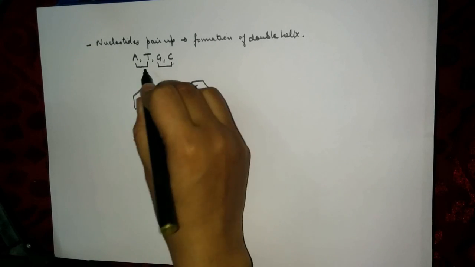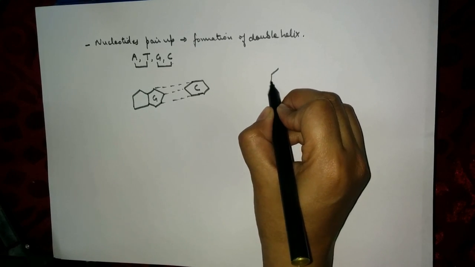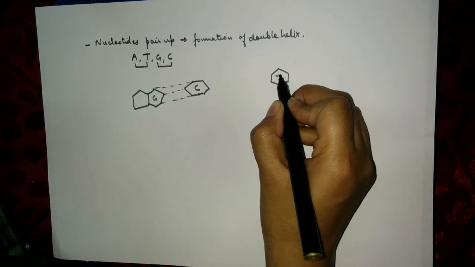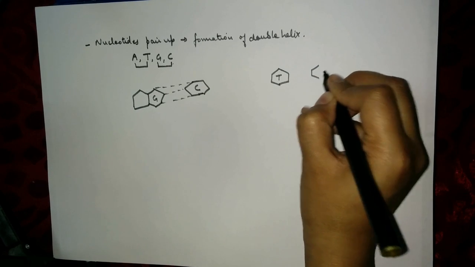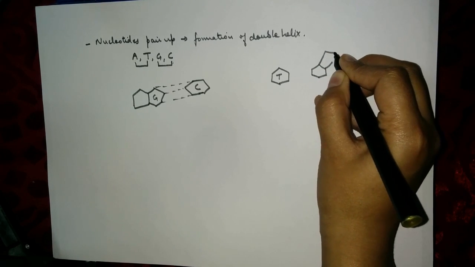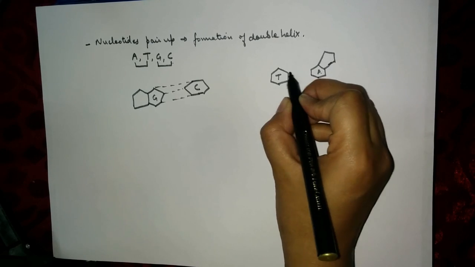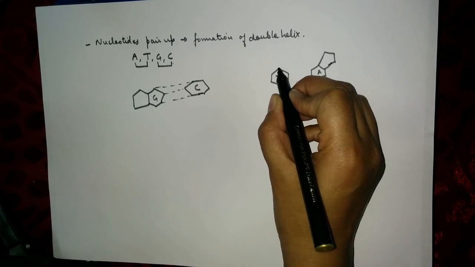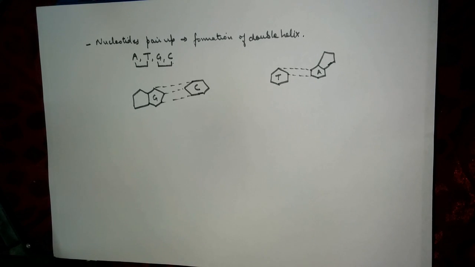And when adenine pairs up with thymine, there is a formation of 2 hydrogen bonds between them. Suppose this is thymine, which is a pyrimidine, and this is adenine, which is a purine. And here is a formation of 2 hydrogen bonds between them.